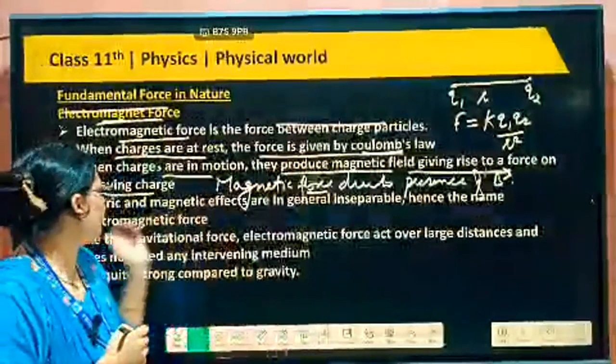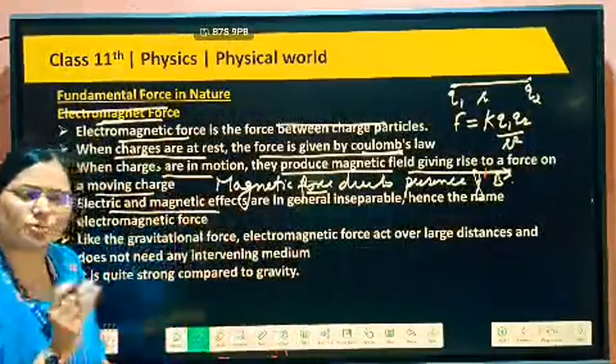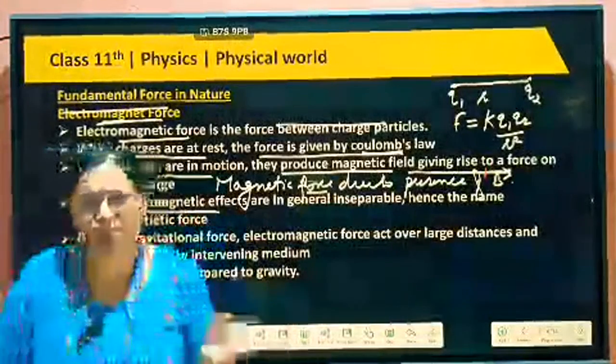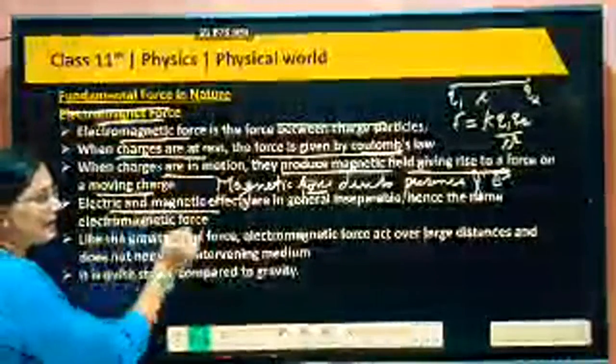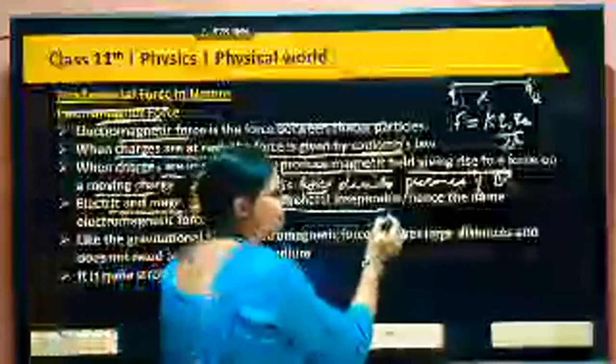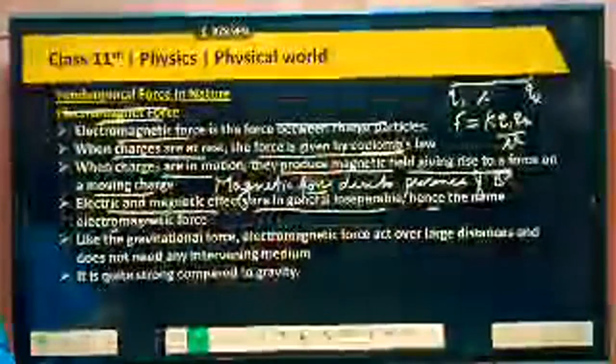Okay. So after this, the electric and magnetic effect. If a charge is in motion, it can also be of two types, uniform or non-uniform. In both conditions, the electric field and magnetic field will both be active there. Now, electric and magnetic effects are in general inseparable, hence the name electromagnetic force.